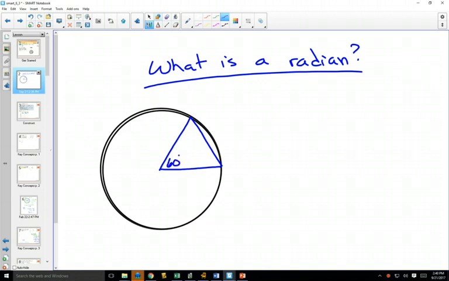Now, the definition of 1 radian, and what makes radians used more in higher level mathematics and in university, is that the radian is connected to the circle. It means something. A degree, someone just picked 360 and decided to break it up into 360. Someone else said, oh, I don't like 360 because it's not a nice number. What if we made 400 degrees in the circle? And then a right angle is 100 degrees.